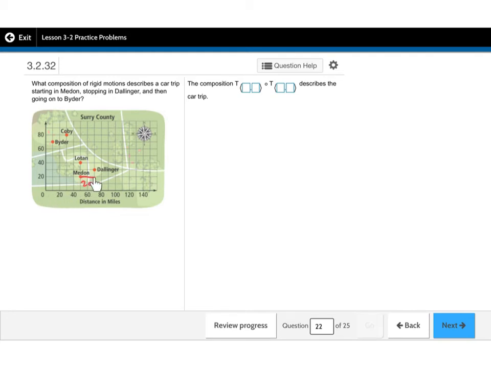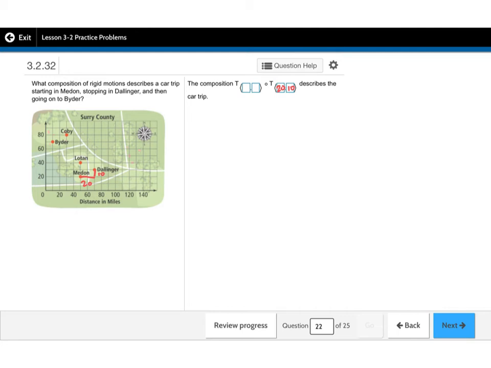So we're going right by 20 miles, and then up by 10 miles. That movement is described in this translation right here as 20, 10.